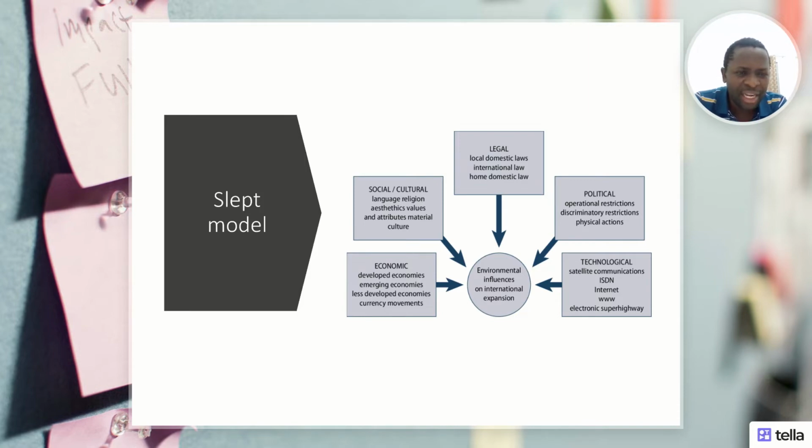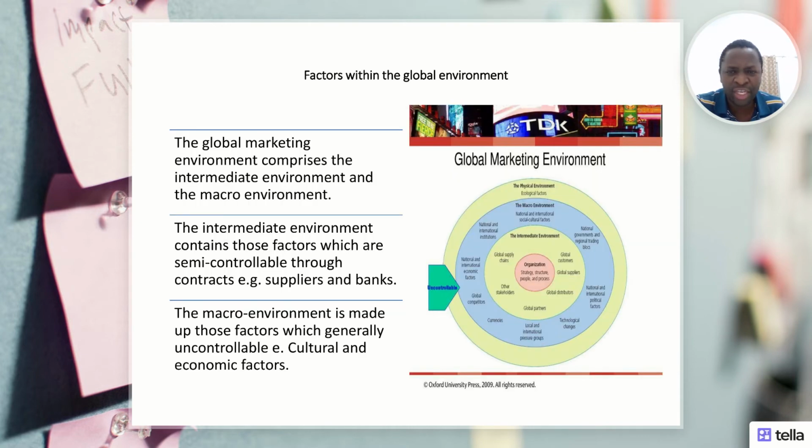What are the levels of purchasing power in these different countries? You really need to take all these aspects into consideration so that your global marketing strategy becomes effective, so that you are in a position to achieve a competitive advantage.